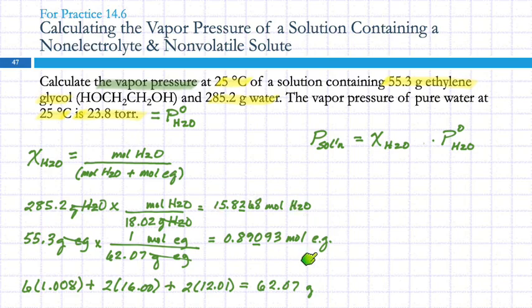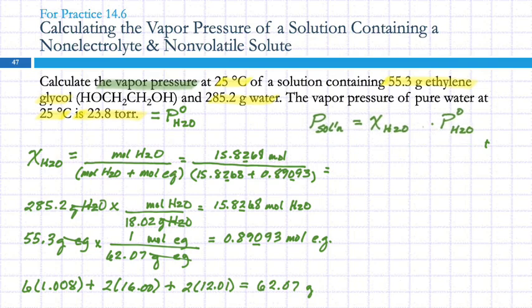So now we're going to take these numbers and plug them into this equation. On the top we've got the moles of water. And on the bottom, we have the moles of water plus the moles of ethylene glycol. Let me move that up out of the way.